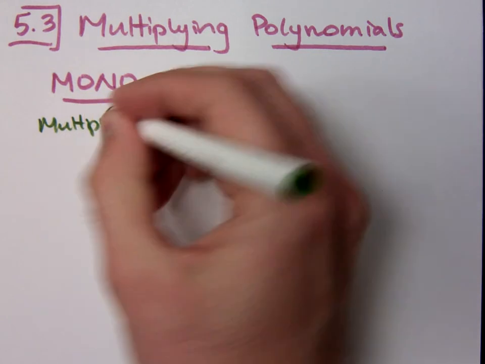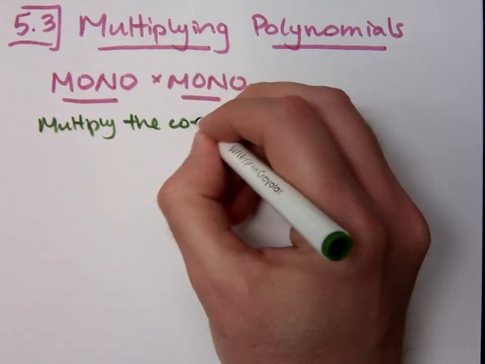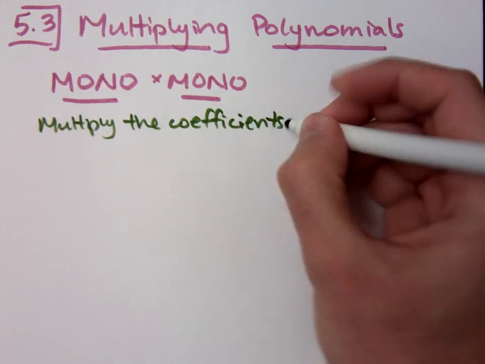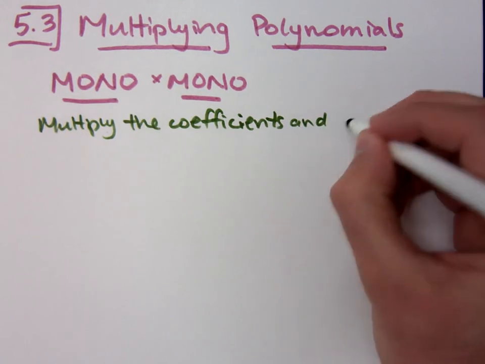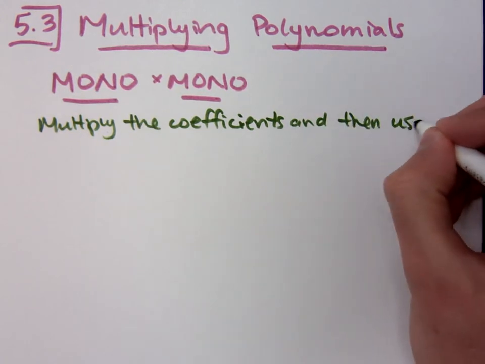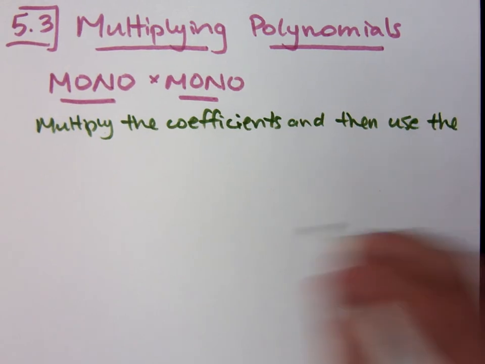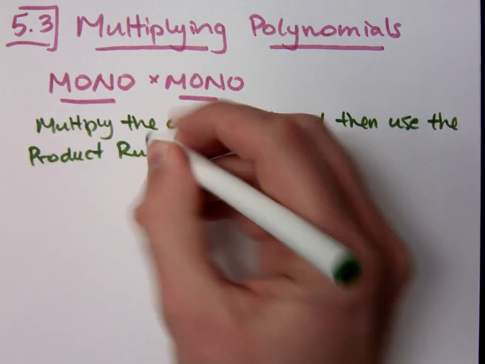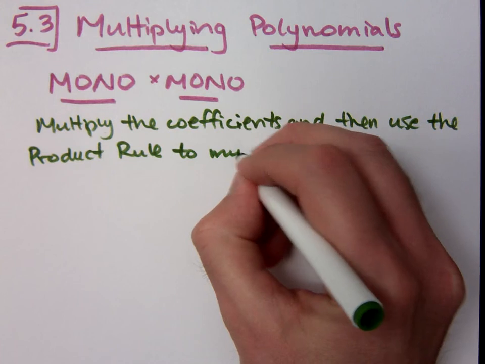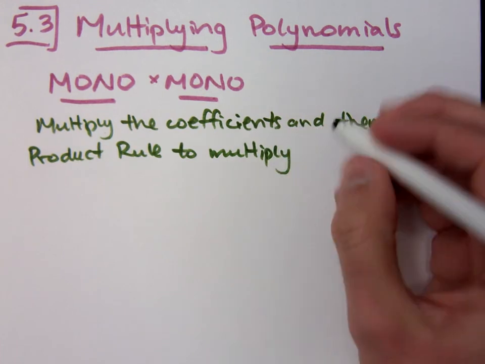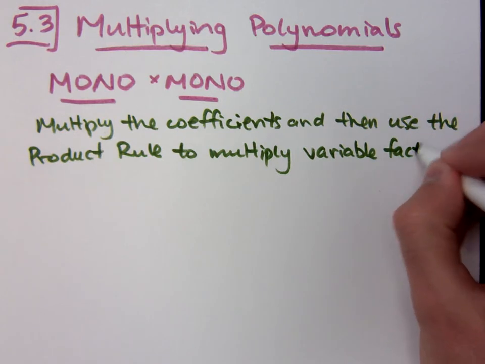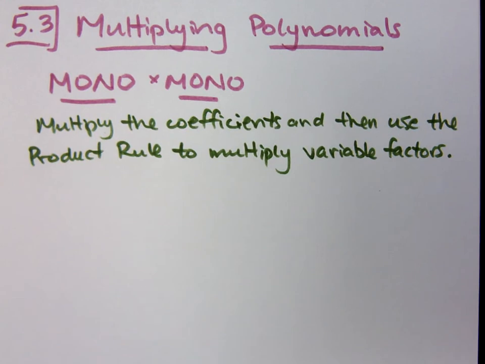All she did was multiply the coefficients, and then you just have to use the product rule to multiply the variable factors.